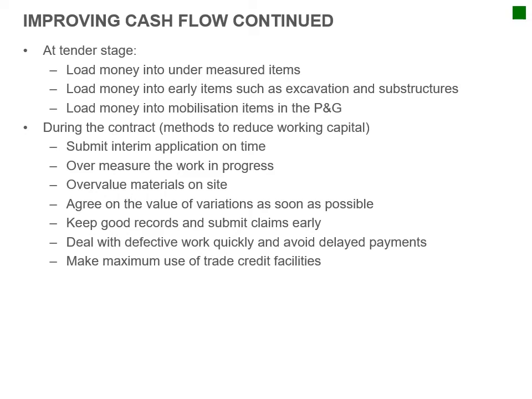During the contract, submit interim applications on time, over measurement of the work, overvalue material on site, agree on the value of variations as soon as possible, keep good records and submit claims early, deal with defective work quickly and avoid delayed payments, make maximum use of trade credit facilities. Okay, so the main thing is to be efficient on site. If you've got a 3-month contract, you have to be finished within the 3 months.